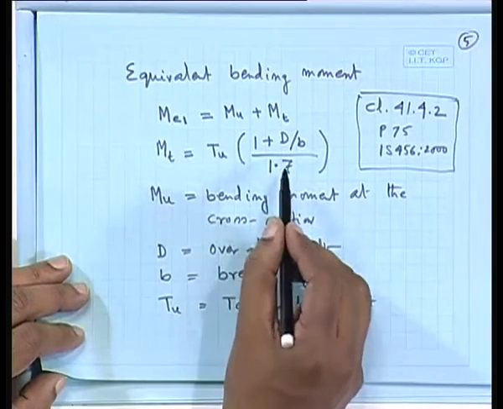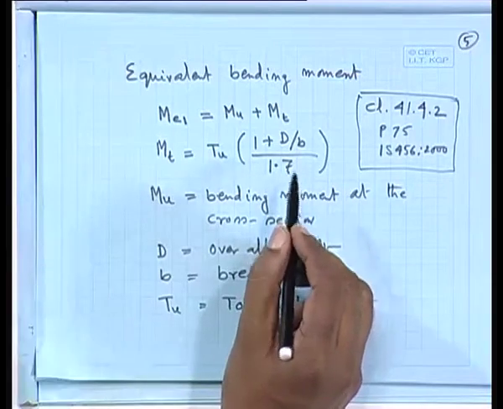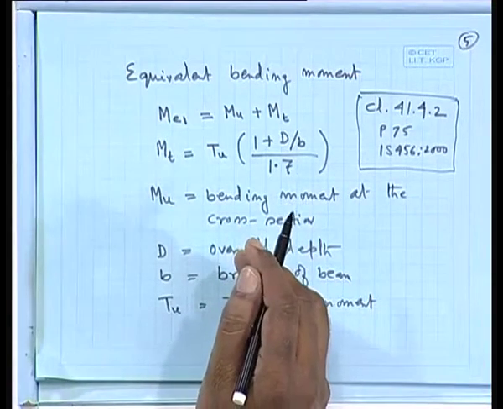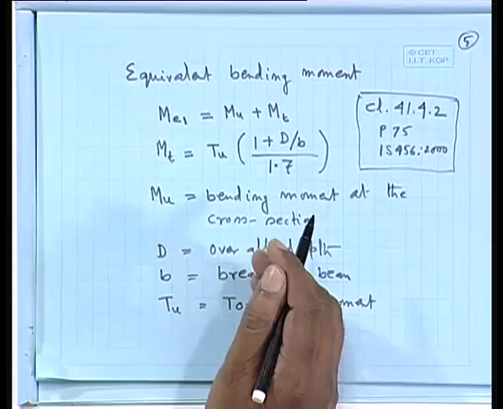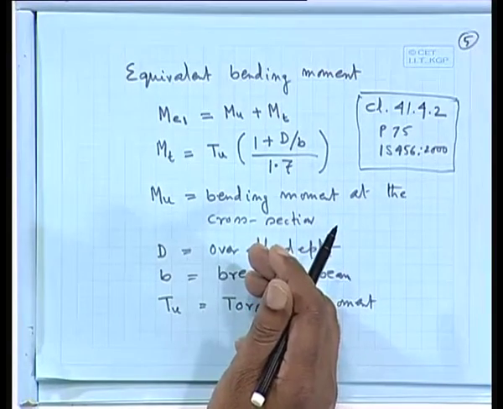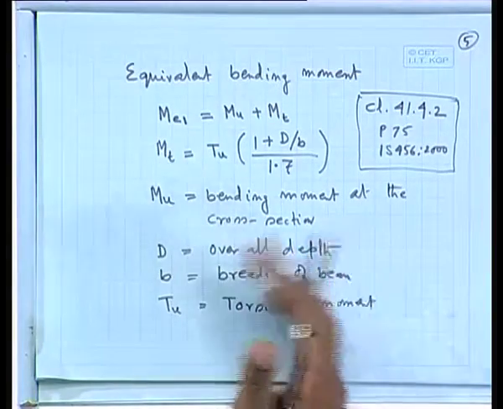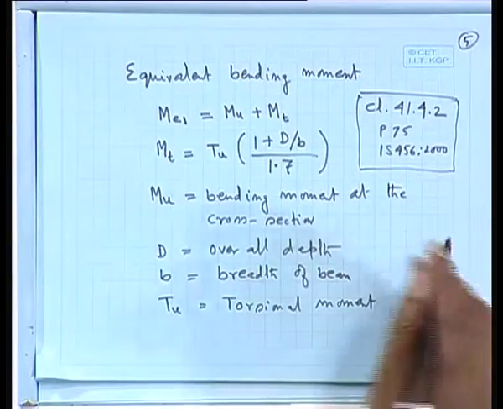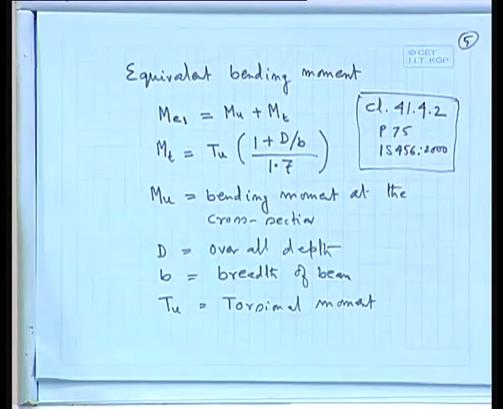And one more thing I shall tell you, if we take the span by depth ratio, say for the simplified case 20, then we shall find out that it will not be with that. If we start, then it may happen that the value will be very, very less.